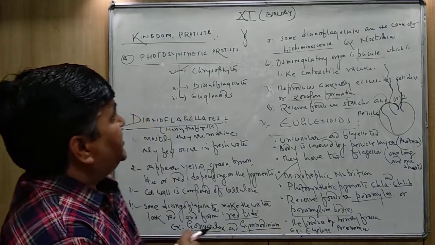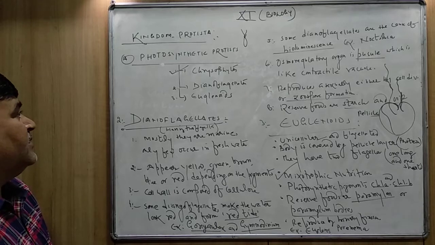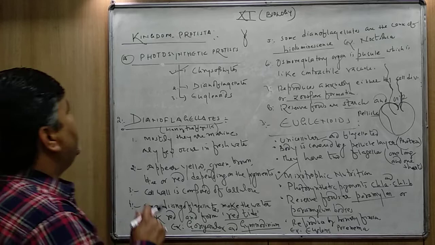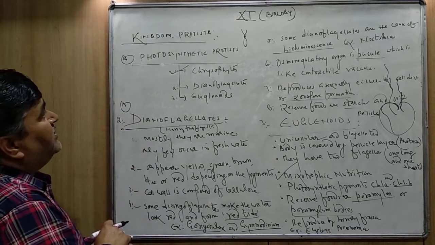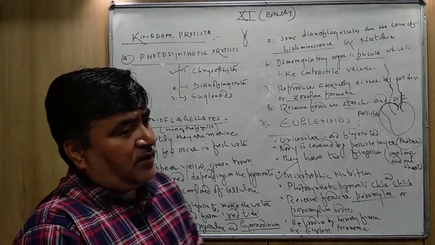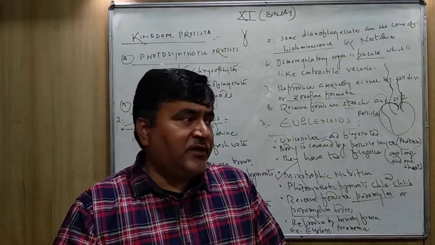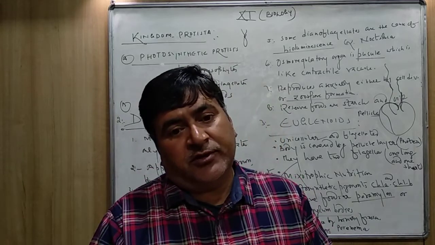So these are the characteristics of dinoflagellates and euglenoids. Tomorrow I will teach you about the second group of the Protista, which is slime molds. Then I will teach you about the Sporozoan Protists also.